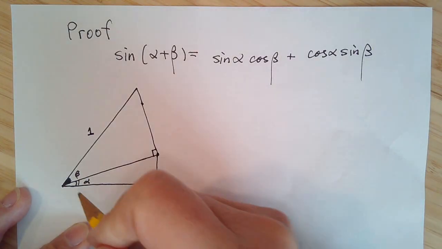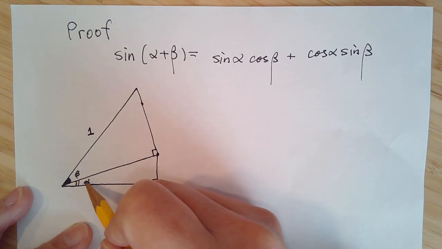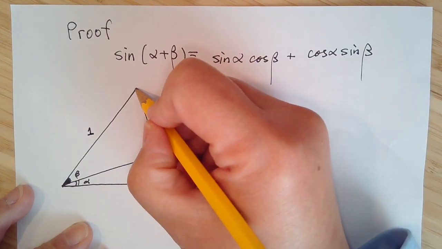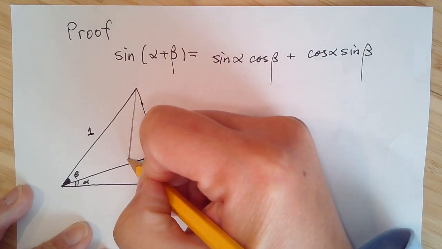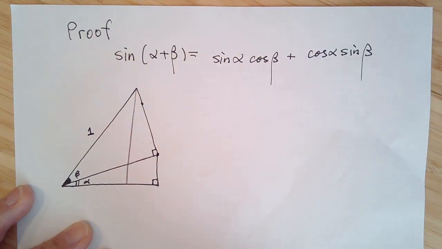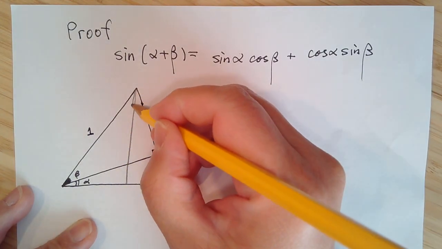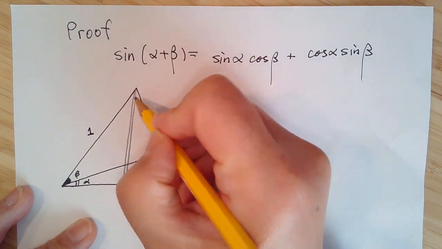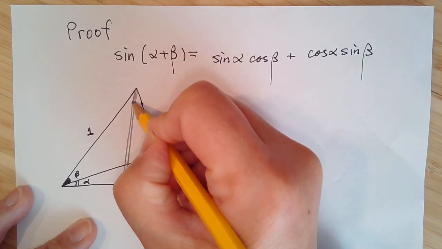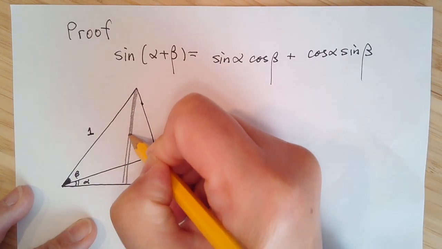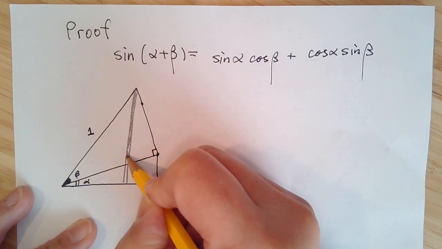Now next one, what is sine alpha plus beta? It should be here, isn't it? Therefore, the only thing we need is to find how long this part is. I just make it really thick so you can see.